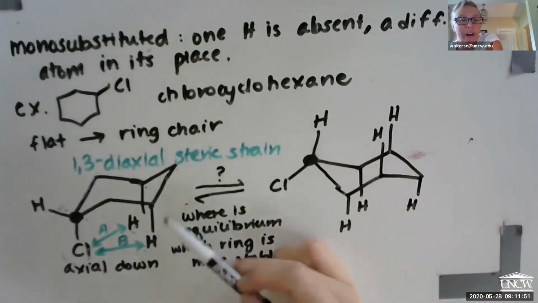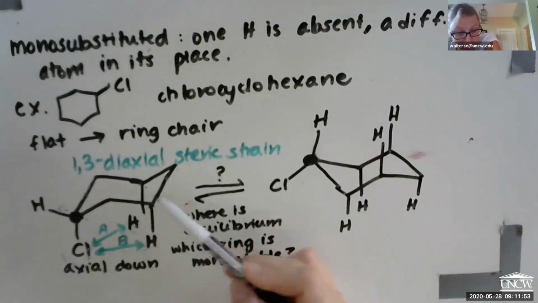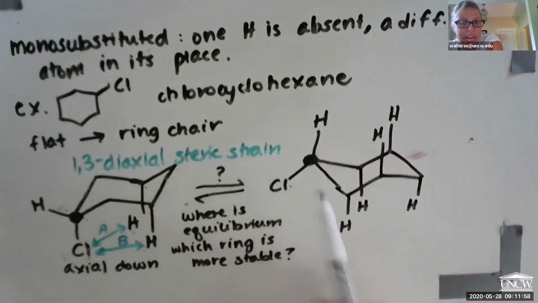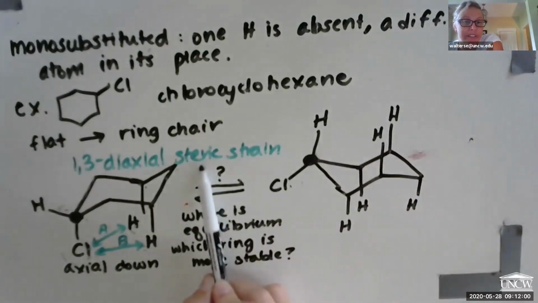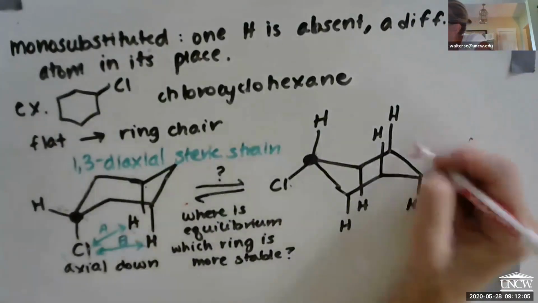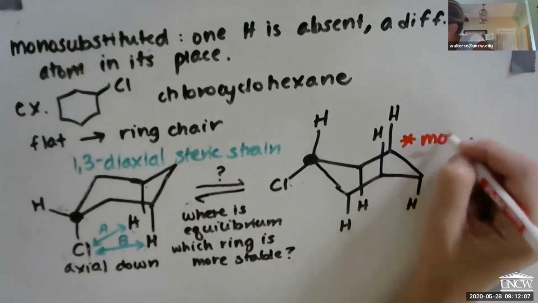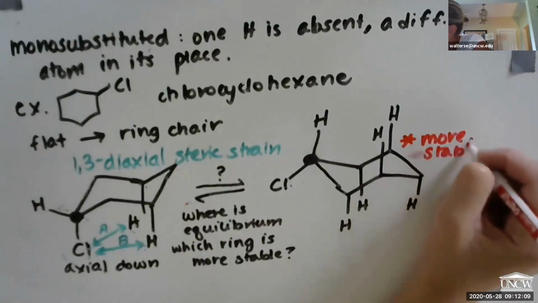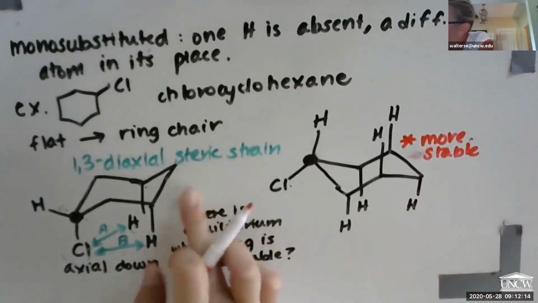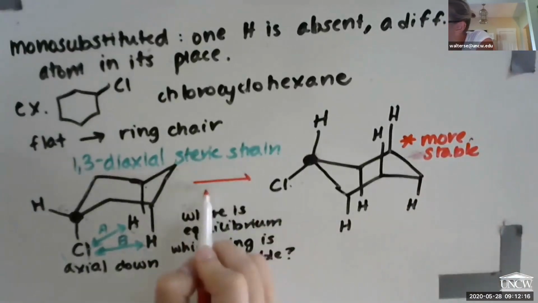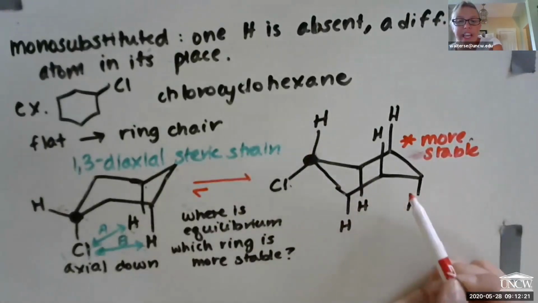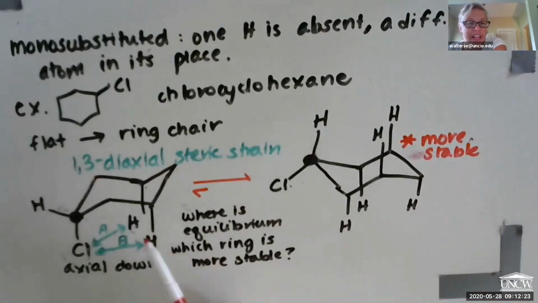So allowing the ring flip moves the chlorine from an axial to an equatorial position and relieves or gets rid of this strain. So of these two rings, this ring is more stable, and therefore the equilibrium arrow now would be drawn like this. So there's a higher percentage of molecules in this conformation than in this conformation.